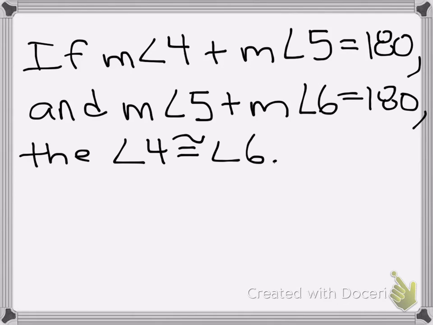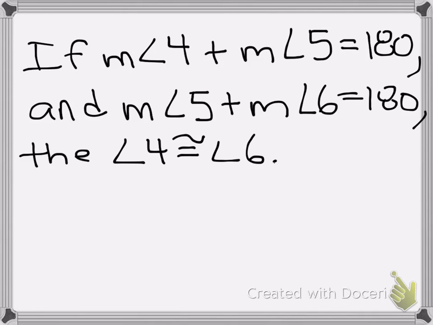The next one, it says angle 4 plus angle 5 equals 180. And then you have another set of angle 5 plus angle 6 is 180. So it's saying that angle 4 is congruent to angle 6. And this is theorem 2.6, which actually says angles that are supplementary to the same angles are going to be congruent.